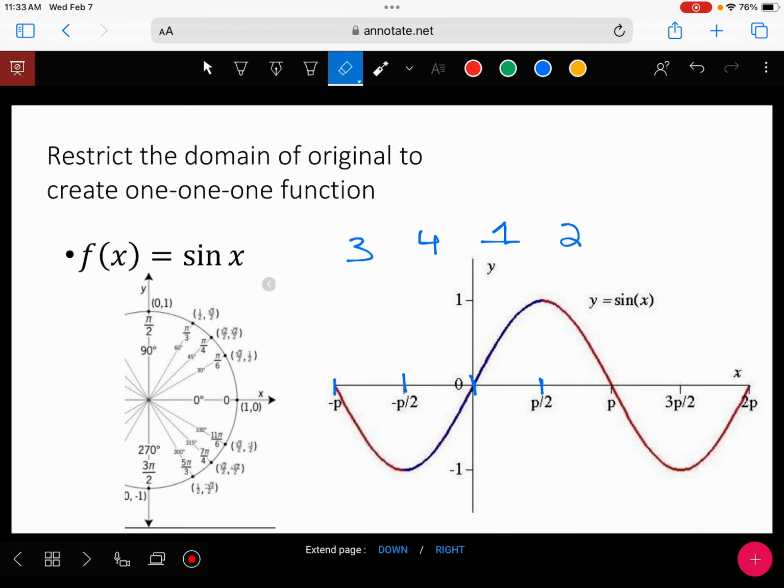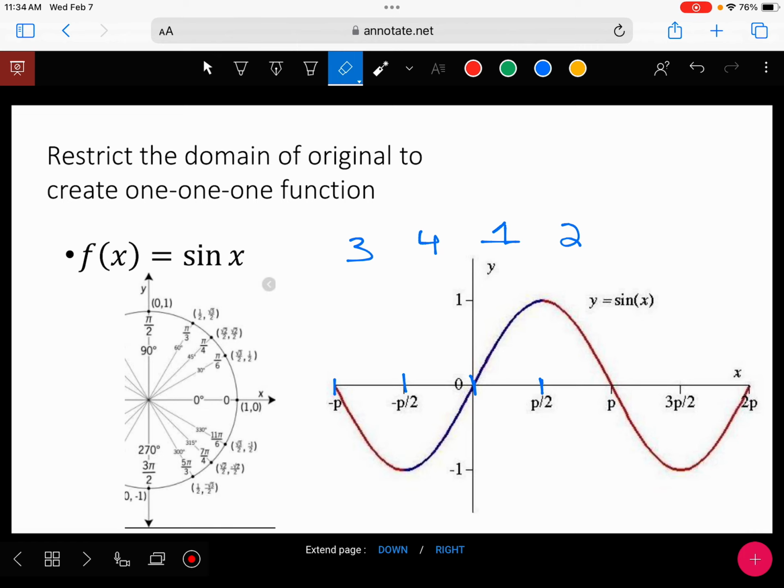When we're looking to restrict our trig functions to make inverse trig functions, we're looking for 2 quadrants. We're always going to include 0 to pi over 2, or quadrant 1. We really like quadrant 1 because every single trig function in quadrant 1 is going to be positive, so we don't have to worry about playing with the negatives.